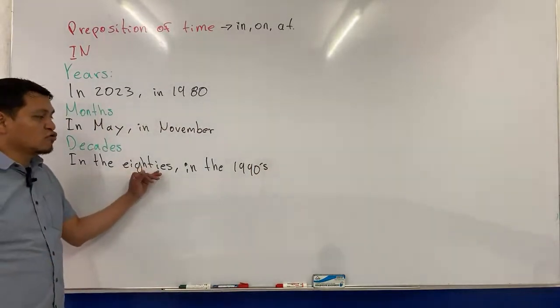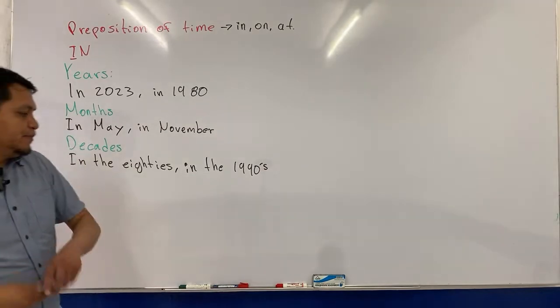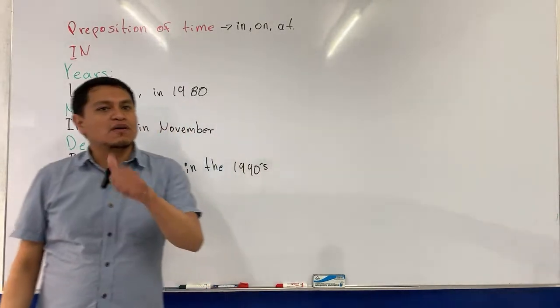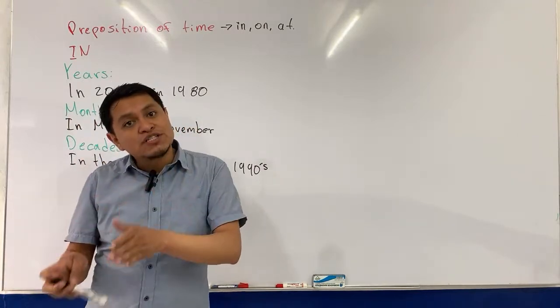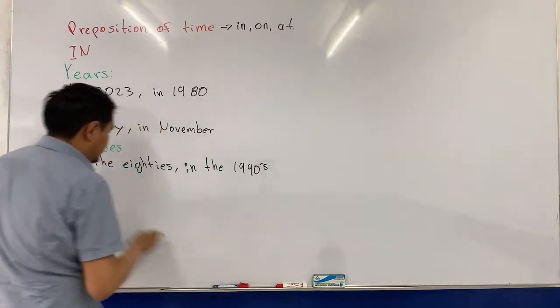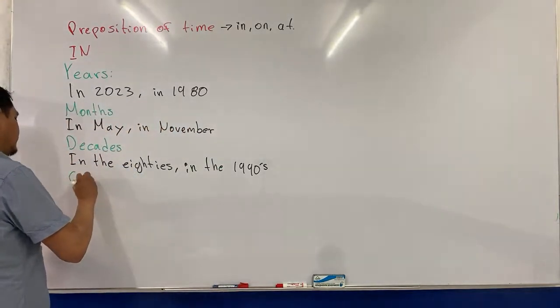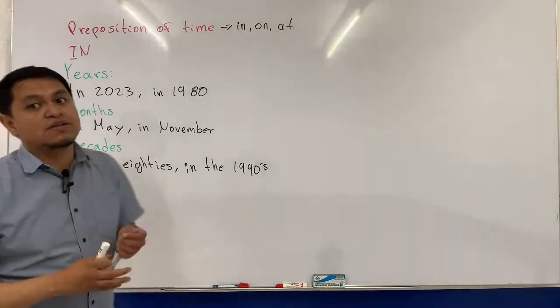I mean, los 80s, los 90s, para décadas. Another word that needs the preposition is centuries.